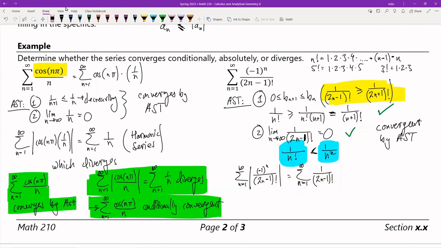So I have to prove what this thing does now. And here is one of the spots where we're going to use a comparison test. This is less than or equal to the sum from n equals 1 to infinity of 1 over n squared, and this converges. So therefore, our original series, the sum from n equals 1 to infinity of (minus 1) to the n over (2n minus 1) factorial, is absolutely convergent.